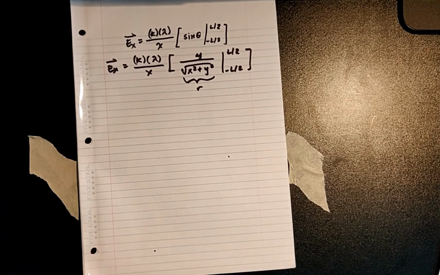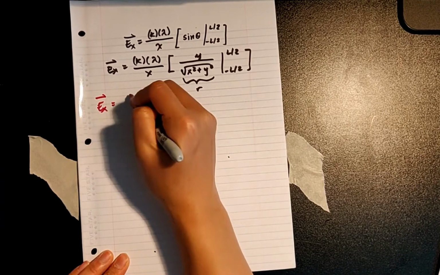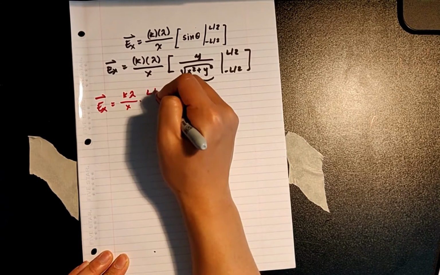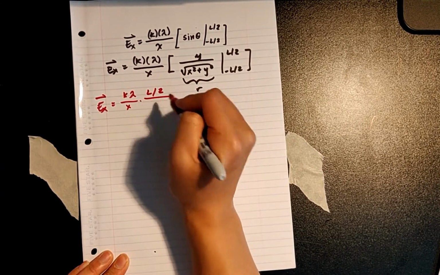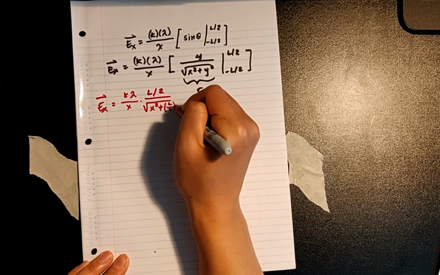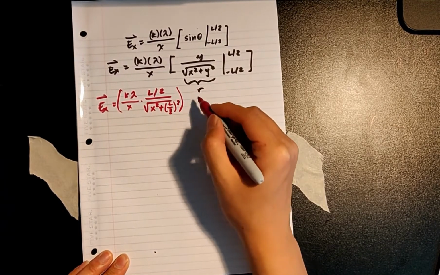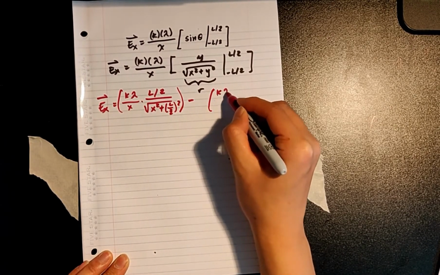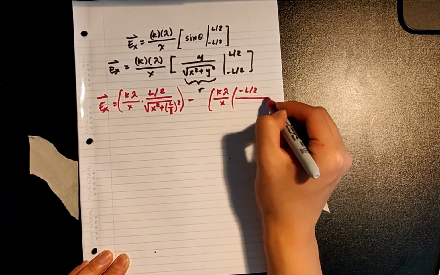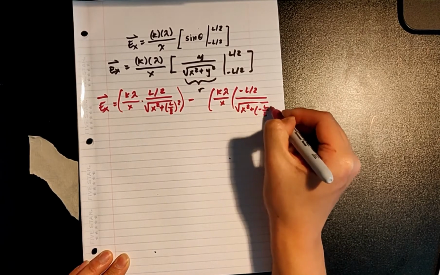So that means we will get Ex is then just equal to k lambda over x times L over 2 over the square root of x squared plus L over 2 squared, that's a 2, minus k lambda over x times negative L over 2 over the square root of x squared plus negative L over 2 squared.